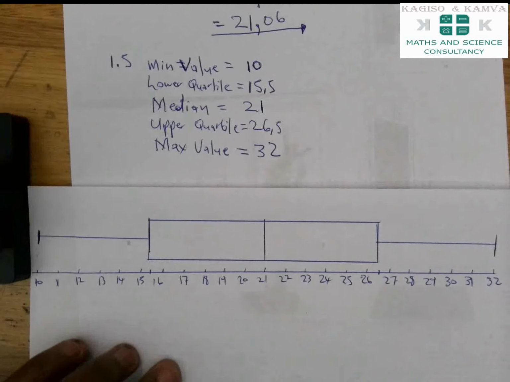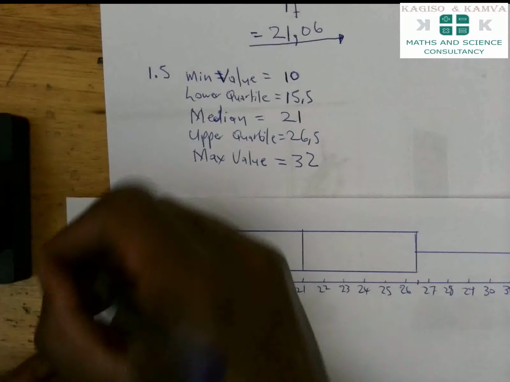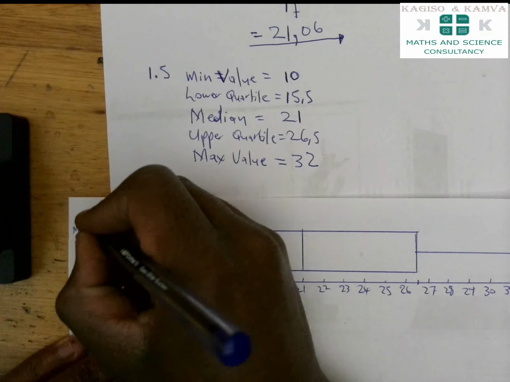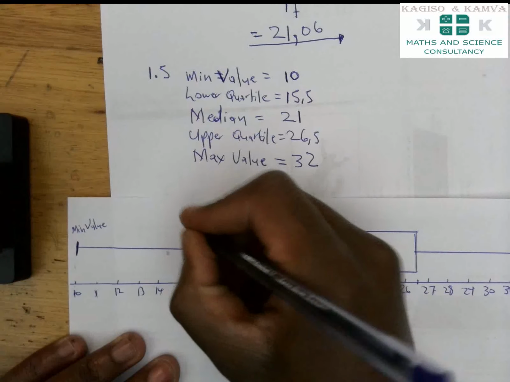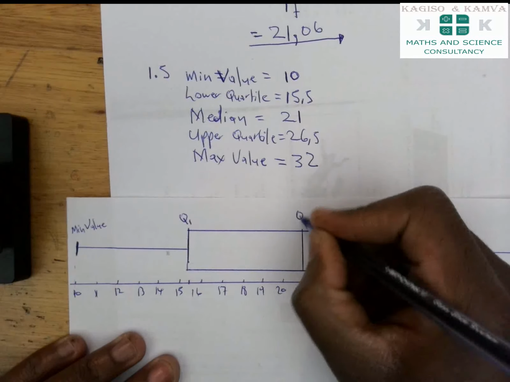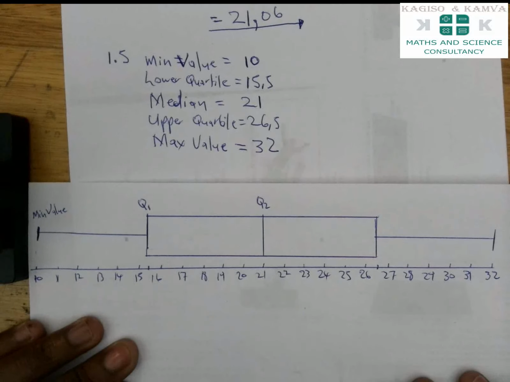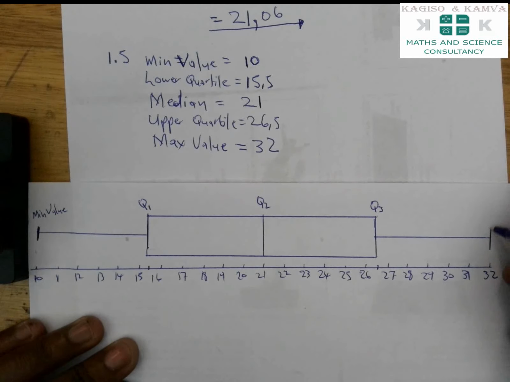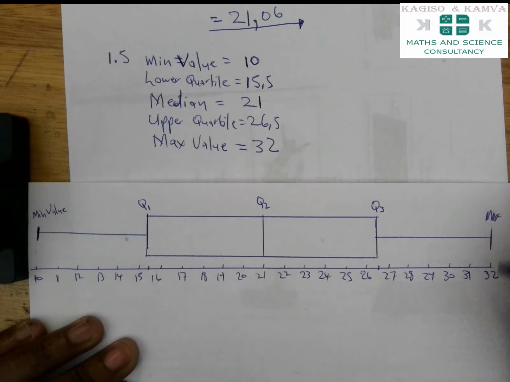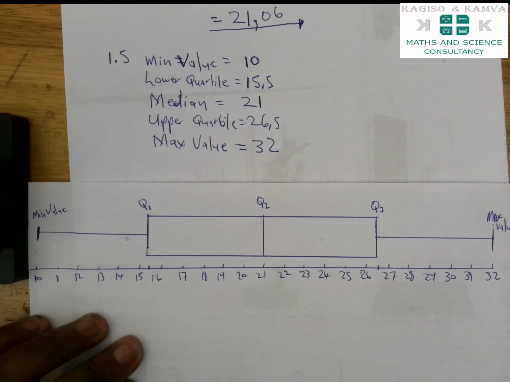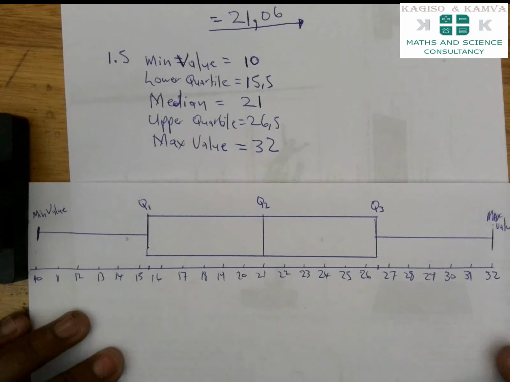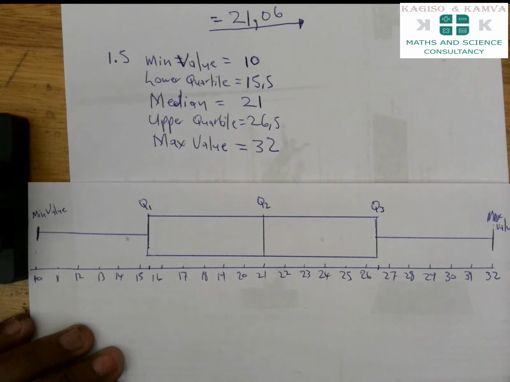This represents the minimum value, and this one is Q1. This one is Q2, which is the median. This one is Q3, the upper quartile, and this one will be the maximum value. That's how you plot the box and whisker to represent the five number summary.